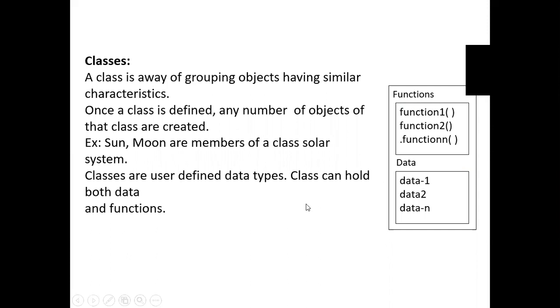A class is a way of grouping objects having similar characteristics. One more definition: classes are user-defined data types. Classes are nothing but the combination of functions and data members.